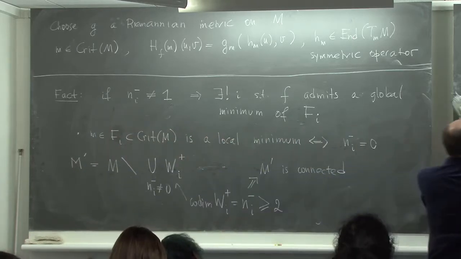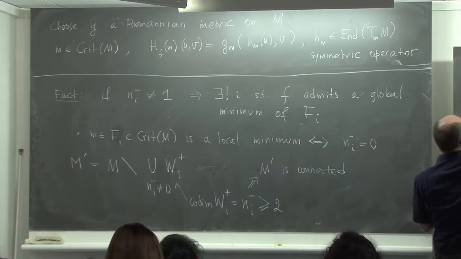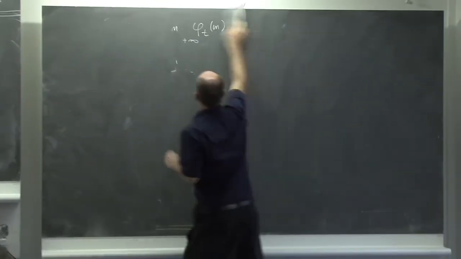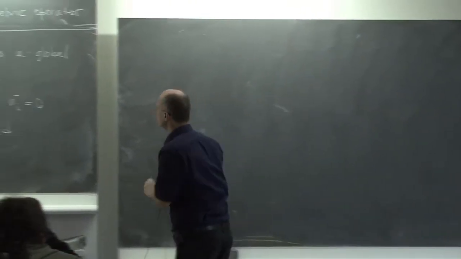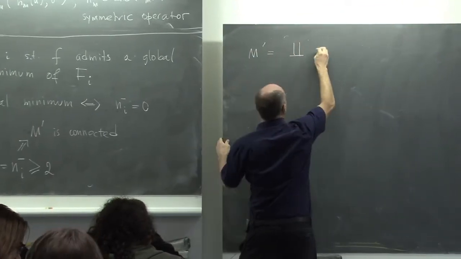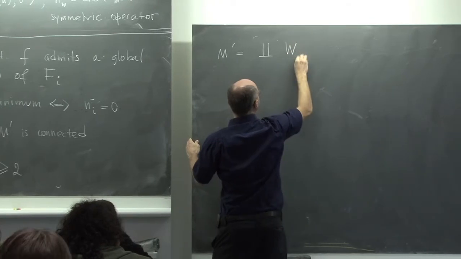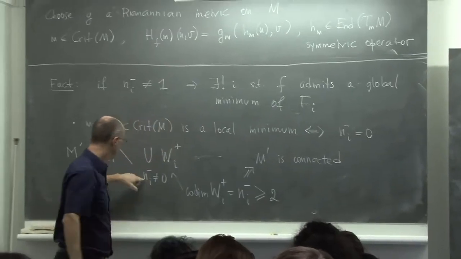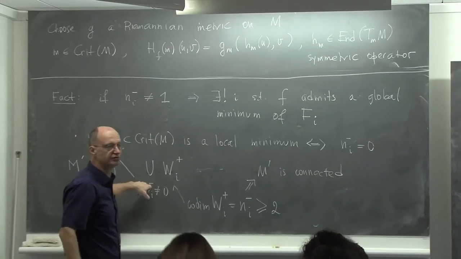Now, what is this M prime? M prime is a union of all the other stable manifolds, since we excluded n_i minus different from 0.